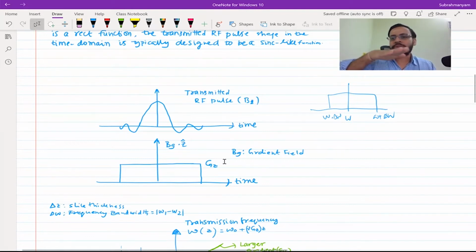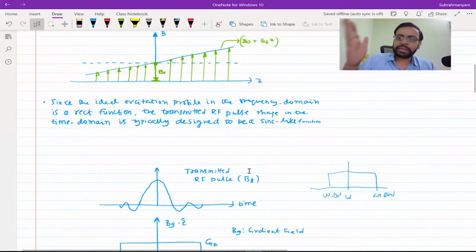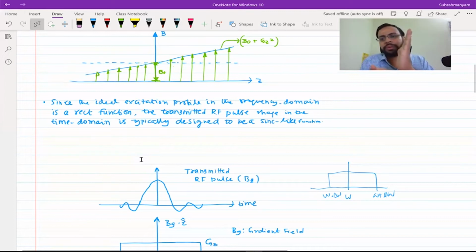Suppose you fixed the ZZ value at which you want to apply. The gradient coil value is given here, and then, depending on the ZZ value and the location you want, you will tip the magnetization using an RF pulse.